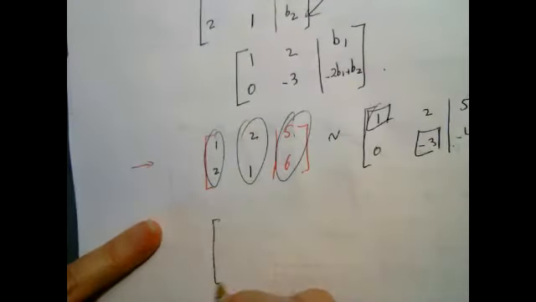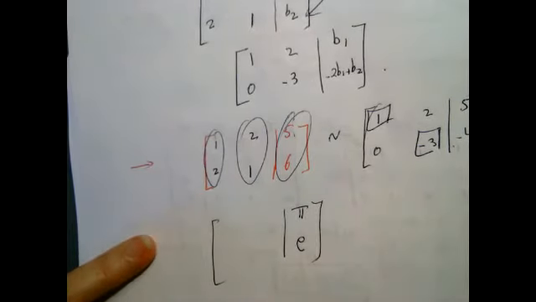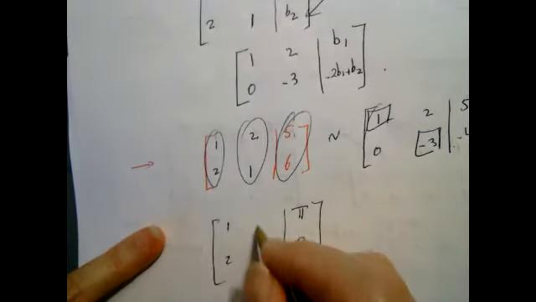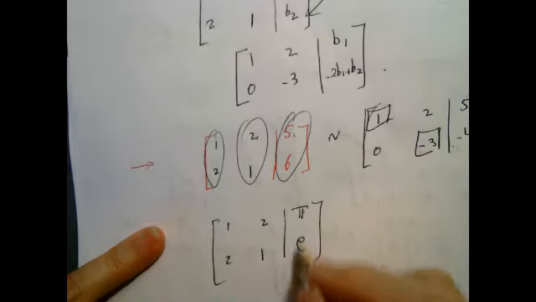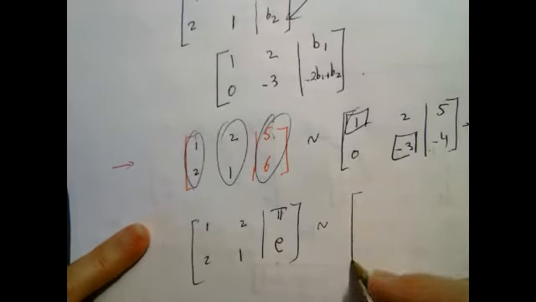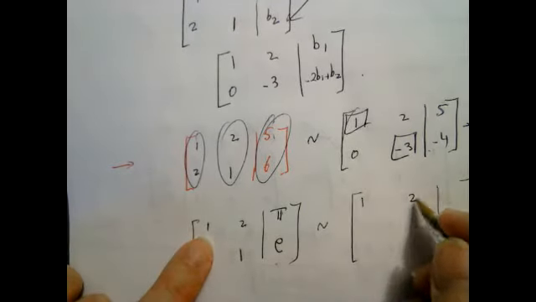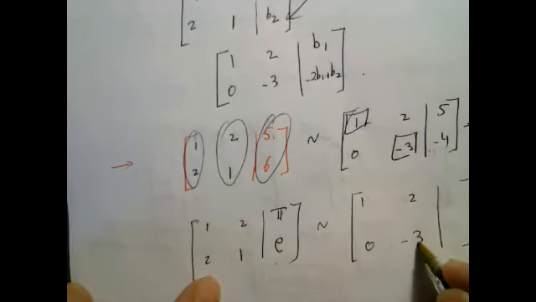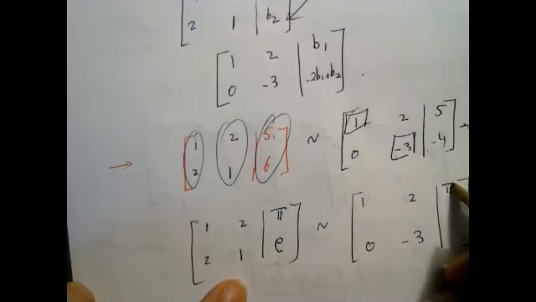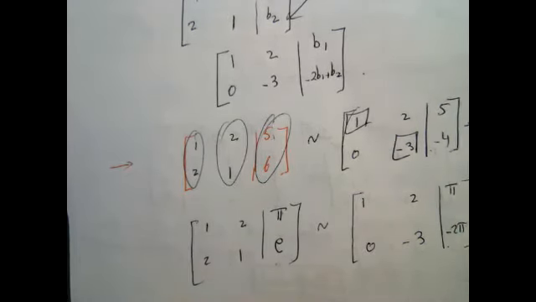Now, if instead of 5, 6, I put the vector pi and e, your favorite numbers, can I write pi, e as a combination? Do we have any issue with the consistency? Again, the same operation, 0, minus 3. This one is pi, and this would be minus 2 pi plus e.